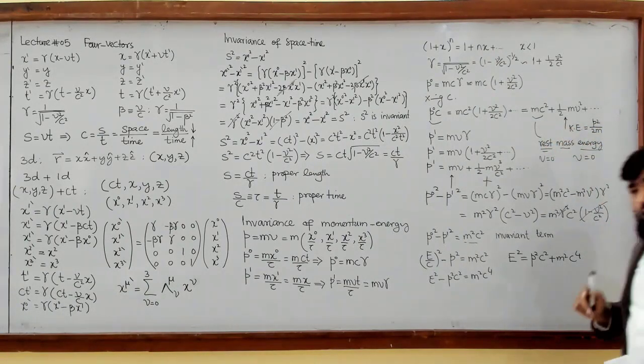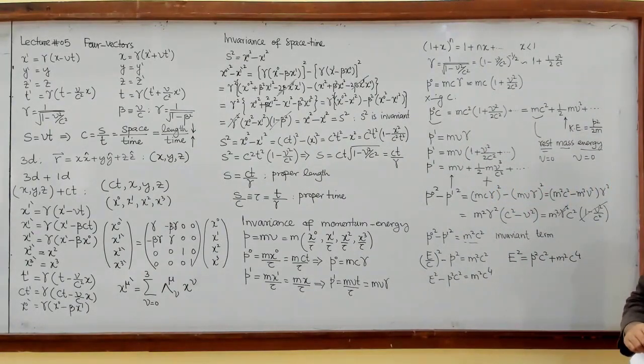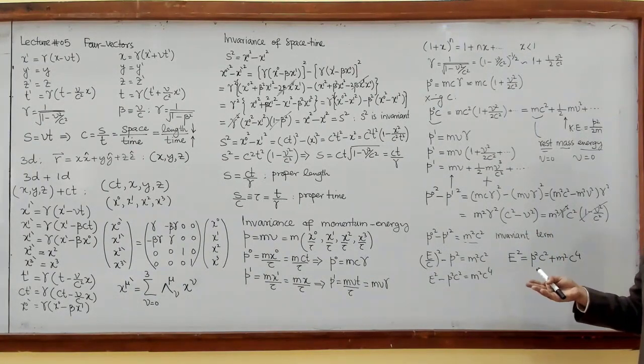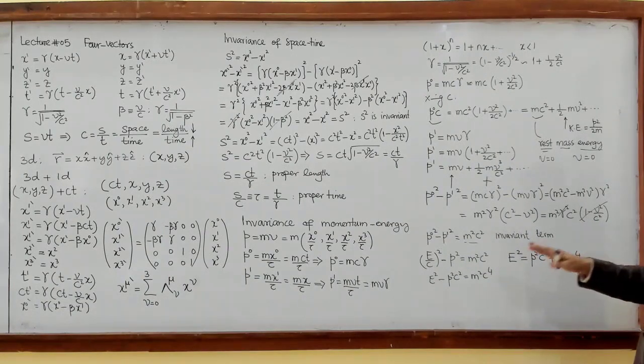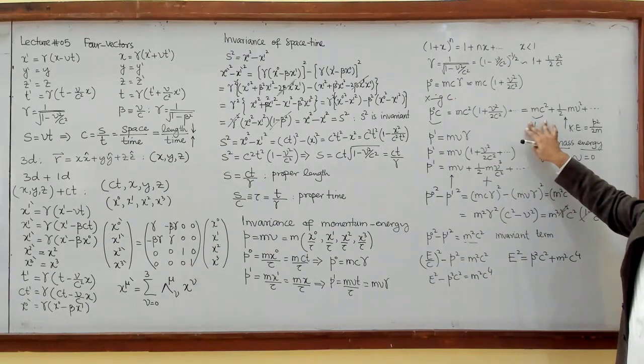So the rest mass energy we got by considering the invariance, by considering the four vector forms. When you consider time as a different entity and space as a different entity, there is no concept of the very famous equation of science, which is mc squared. So there is no concept of it.